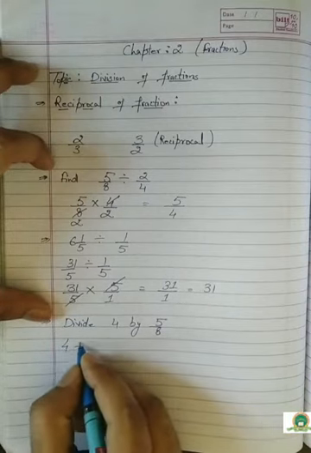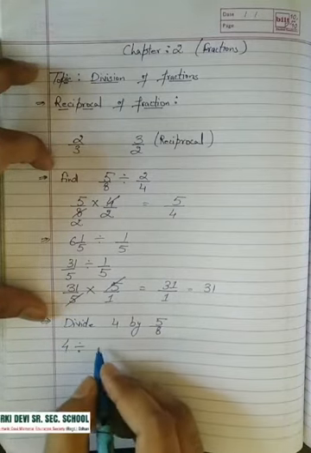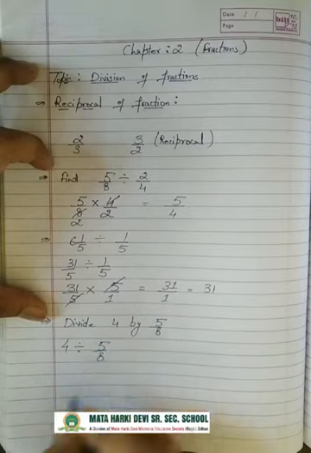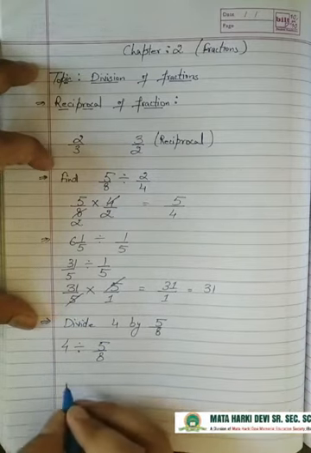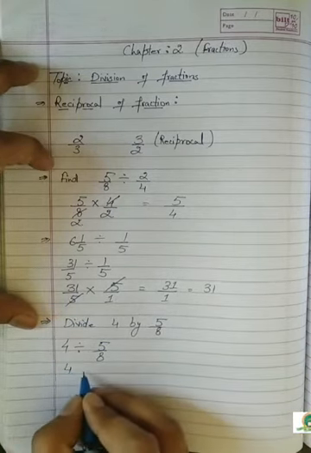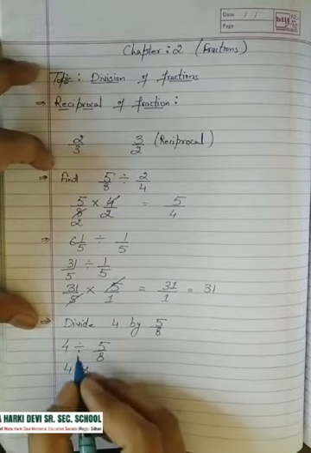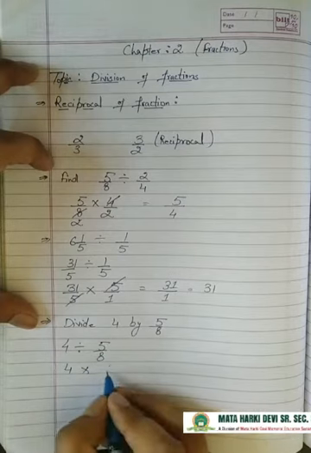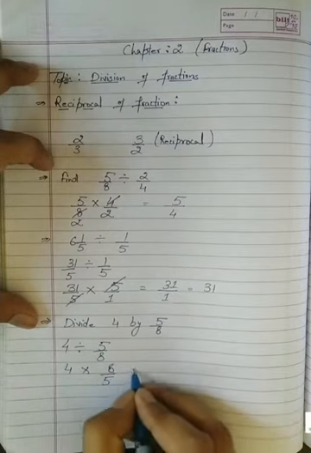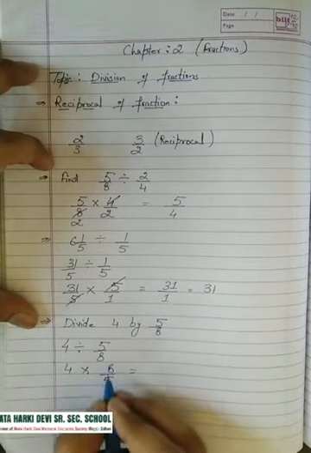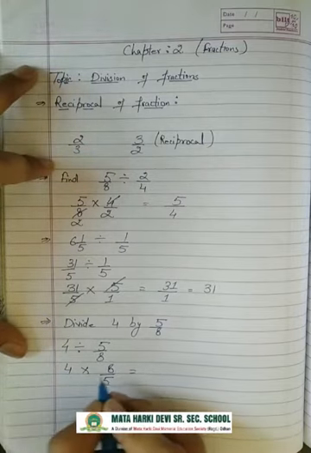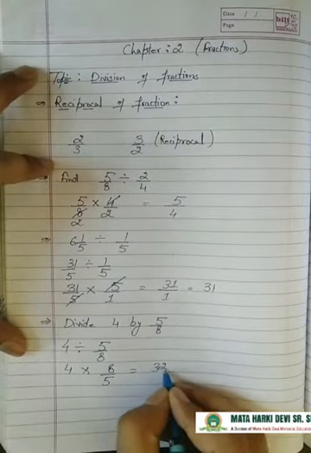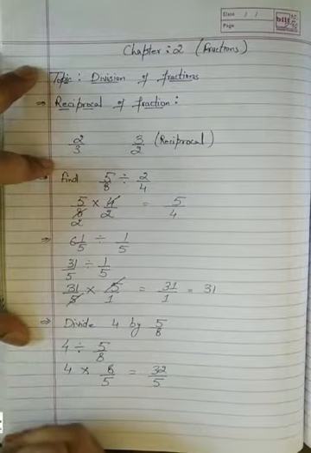So 4 divided by 5 by 8. The next steps are, change the division sign into multiplication and take the reciprocal of the second fraction, which is 8 by 5, and there is no cutting possible here. So 8 4s are 32 and the remainder is 5.